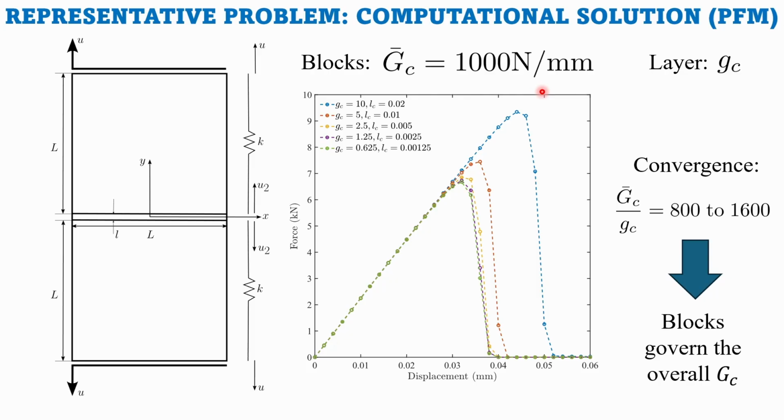So we can safely say that the overall toughness of the entire specimen is governed by the toughness of the bulk material. The bulk material is these two rigid blocks, and they have their own toughness, GC bar. So this bulk toughness is governing the overall toughness of the specimen. That is the meaning of this line.